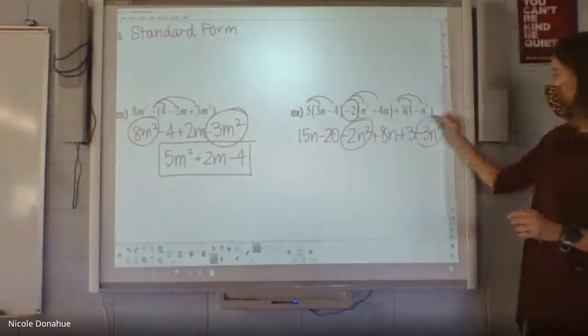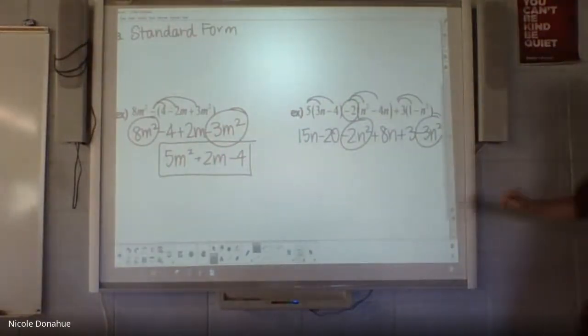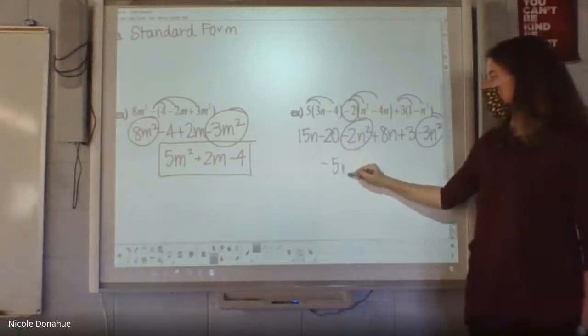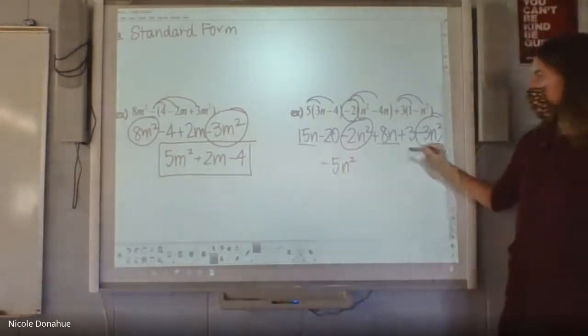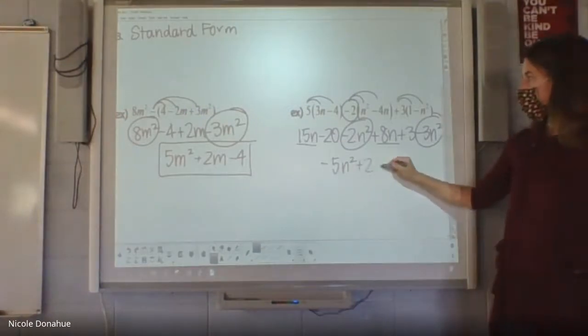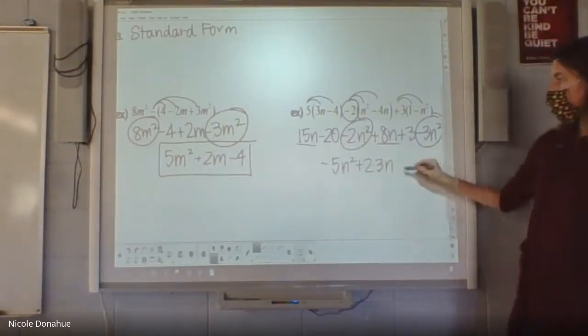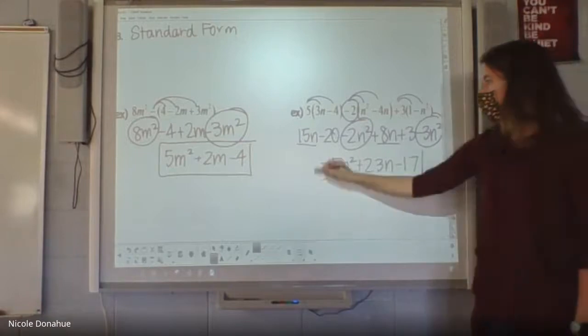I'm going to put these two together first, negative 2, negative 3, so negative 5 into the second. 15 and 18, 23. And negative 20 and 3, so negative 17.